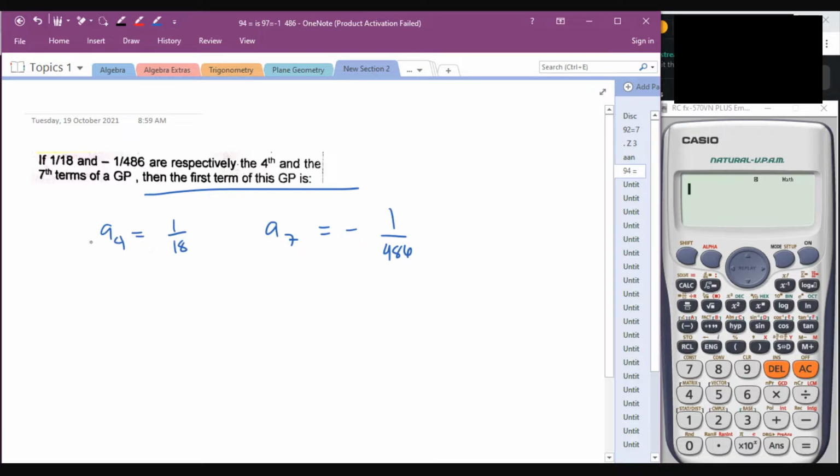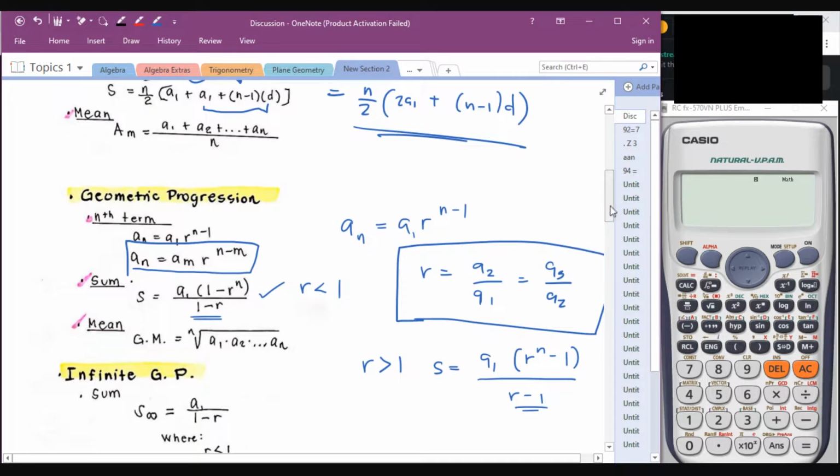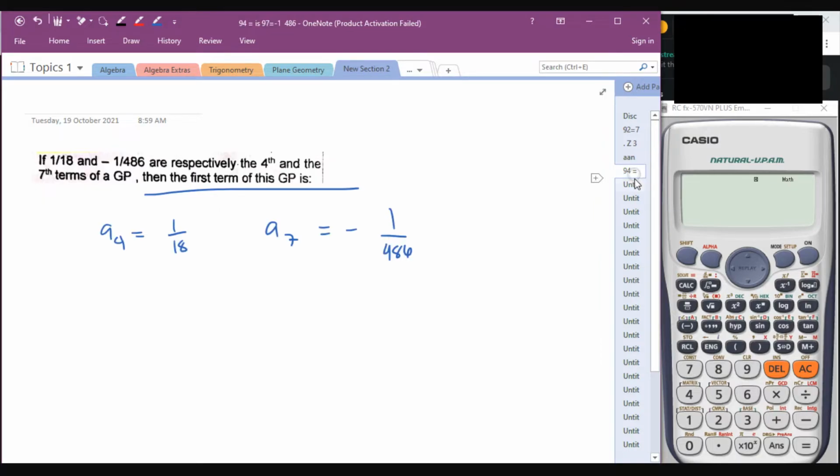So, if 1 over 18 and 1 over 486 are respectively the fourth and the seventh terms, you put it this way. Going back to your discussion, you can use this. Since what was given is the nth term, you can set up the seventh term as the nth term and the fourth term as am, to find their common ratio. Okay, the common ratio is what you are looking for here. You don't have the common ratio yet.